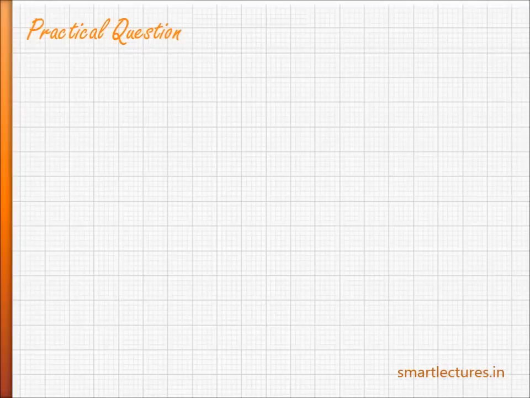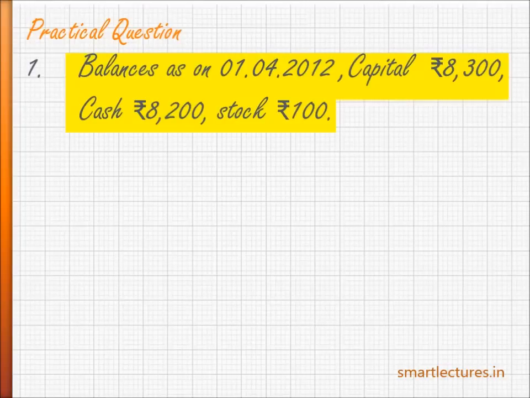Let's take one more practical question. On 1st April 2012, these were the balances: capital 8,300, cash 8,200, stock 100.